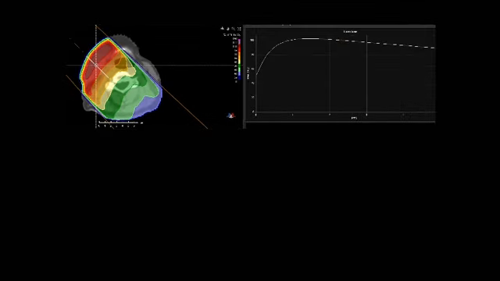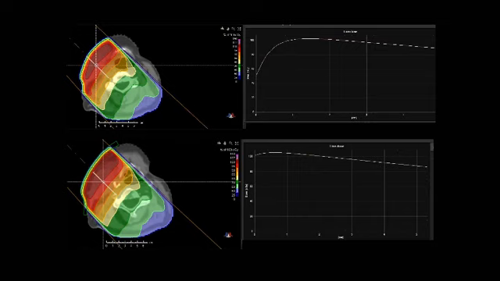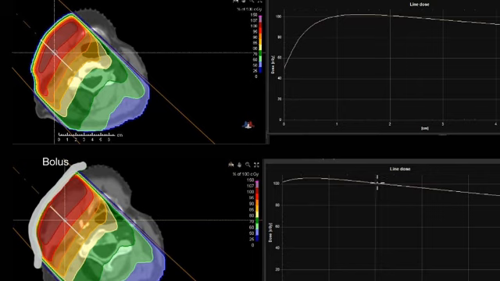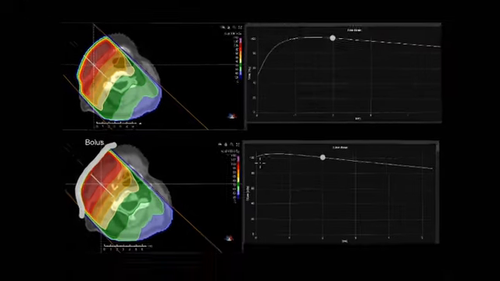Now, if I make the same plan but add some bolus in the planning system, 5 millimeters of bolus, you'll see that the skin dose is much higher. Even though the prescription dose at this point is the same, the skin dose is much higher in the plan with the bolus. So that's the boosting of the dose to the skin.